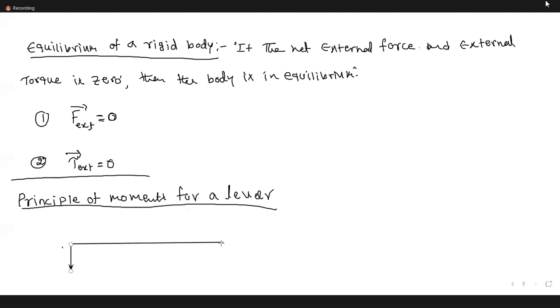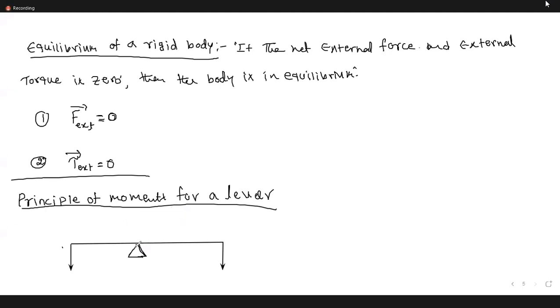Here one force, here one force, and a point exactly at the midpoint.